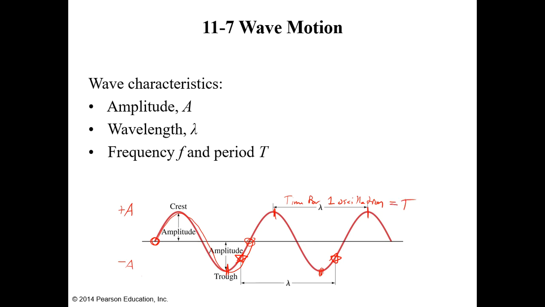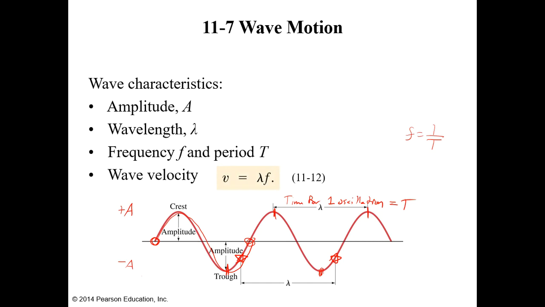So basically, the period is the time per oscillation. The frequency would be the inverse of that. So frequency is 1 over the period. So the period is time per oscillation. Frequency then would be oscillations per unit time. In other words, we're talking about how many waves pass by in 1 second.